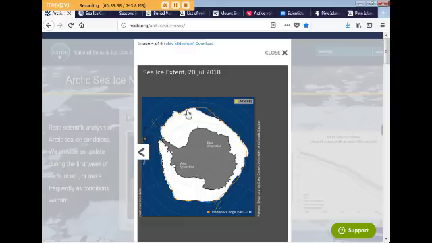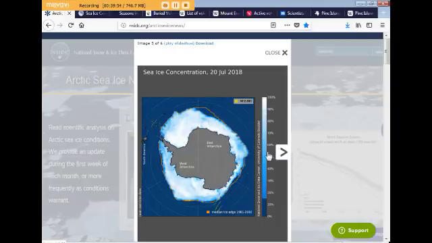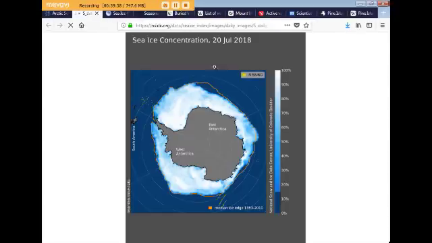That's just how far out it's frozen, and they count any kind of frozen, even if it's a little skim on the ice. They count that as frozen. So that's deceptive to think that that's solid. It's not solid. And here's the concentration.